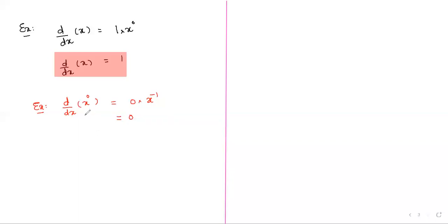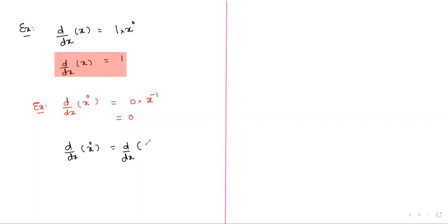Okay, d by dx of x power 0. Shall I write it as d by dx of 1, since x power 0 is 1?